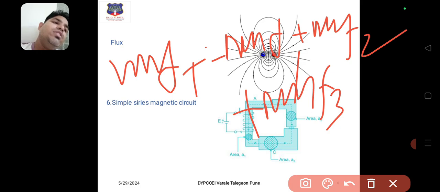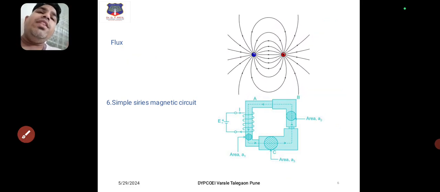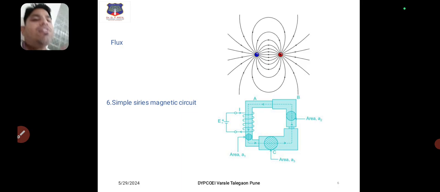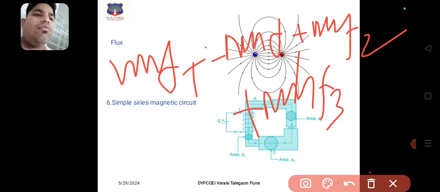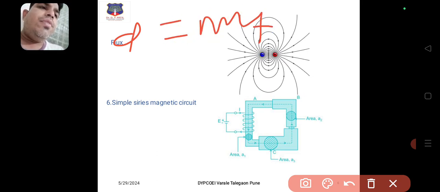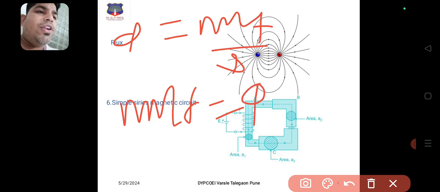Because we are using three coils. Phi is equal to mmf divided by S, so the mmf is equal to phi into S.